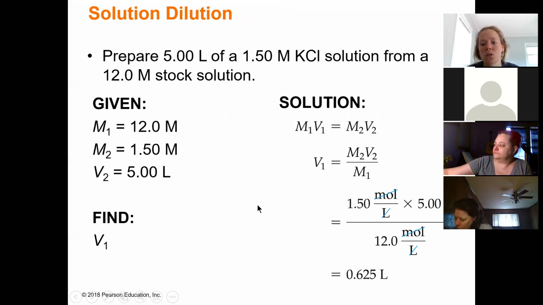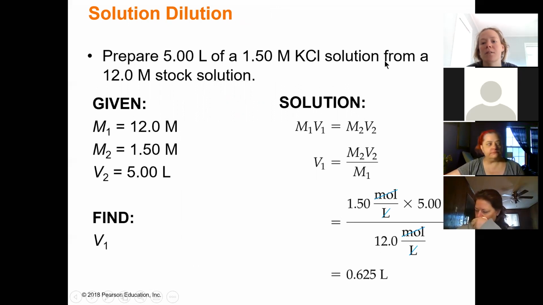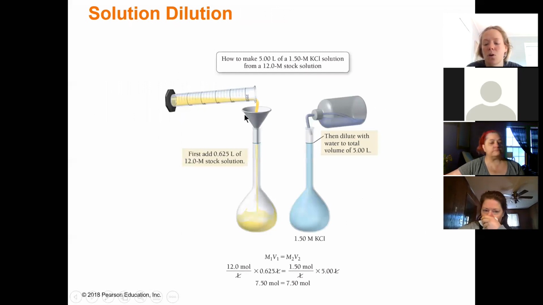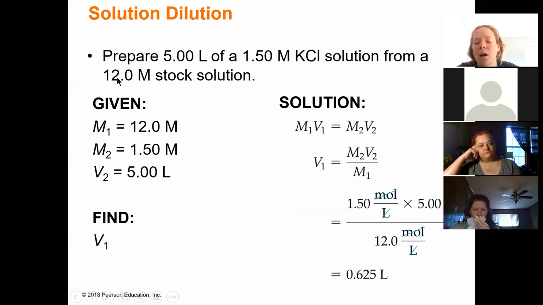Okay, so here's an example of a problem. It says prepare 5 liters of a 1.5 molar KCl solution from a 12 molar stock solution. So the problem is asking, it doesn't say explicitly here, but it wants to know how much of that concentrated stock solution you need to make this final amount.